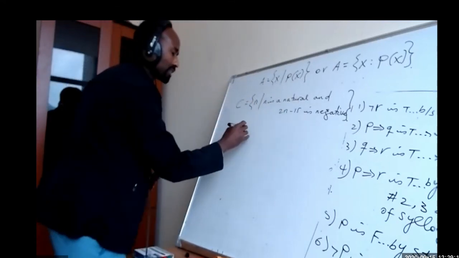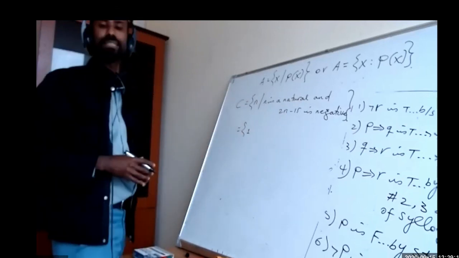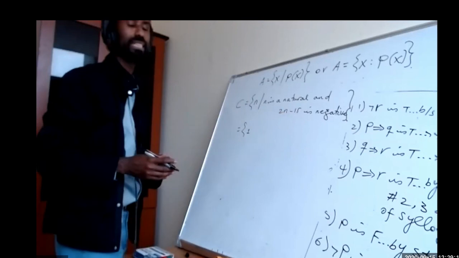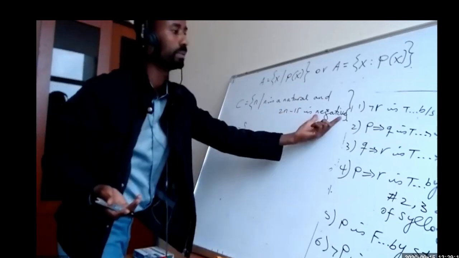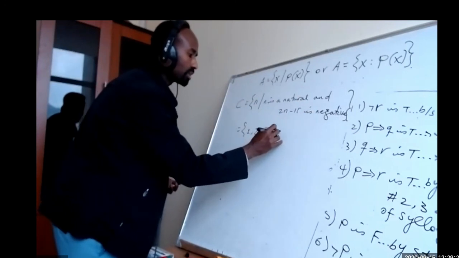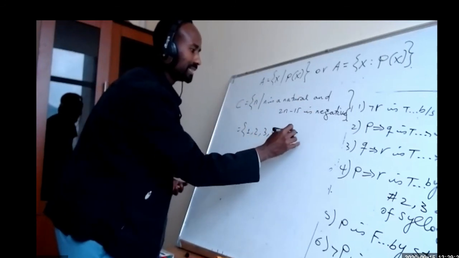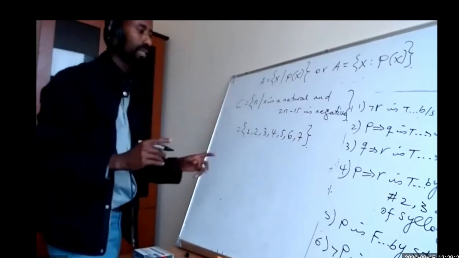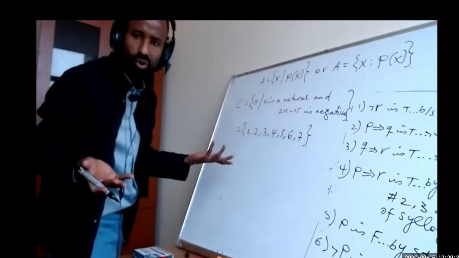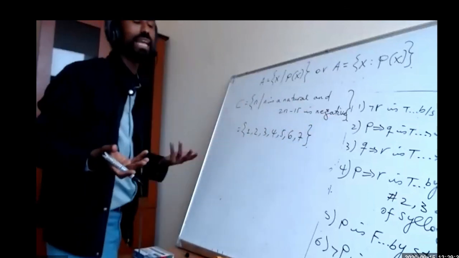Since n is a natural number, 1 can make it true, because 2 times 1 is 2, and 2 minus 15 is negative 13, so it becomes negative. And then 2, then 3, then 4, then 5, then 6, then 7. That's all. 7 times 2 is 14, and 14 minus 15 is negative 1, which is already a negative number.